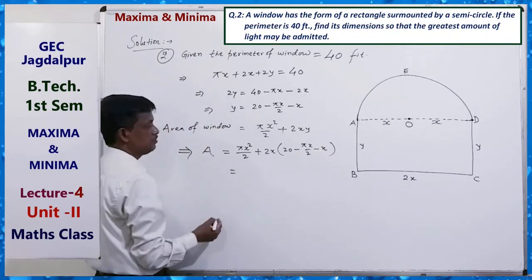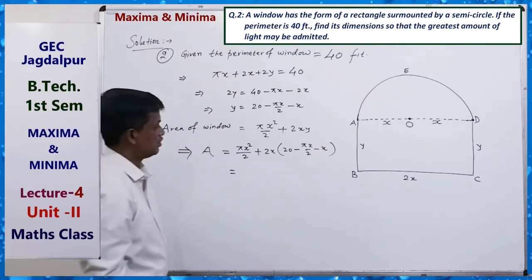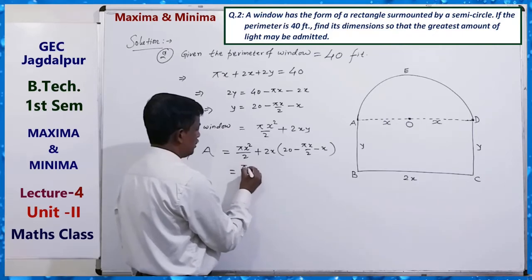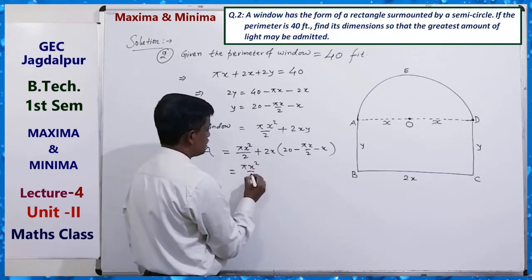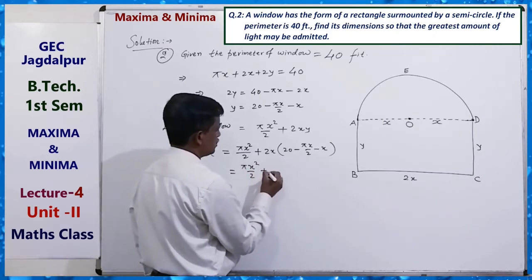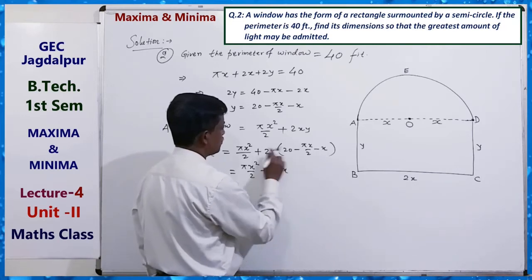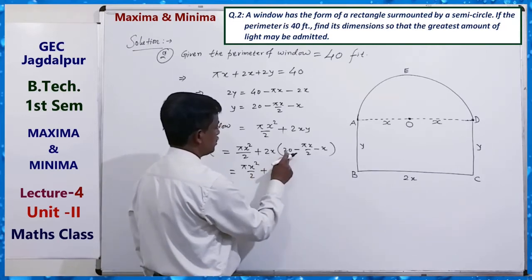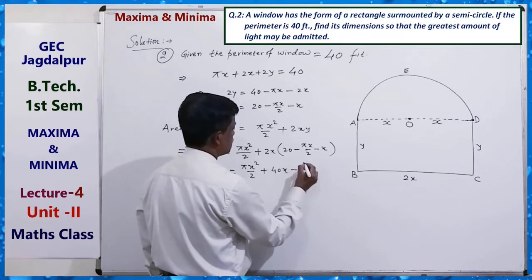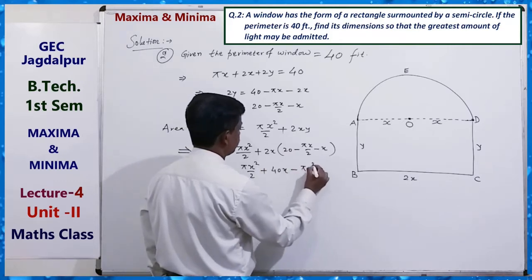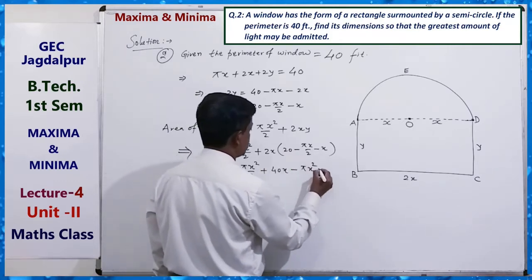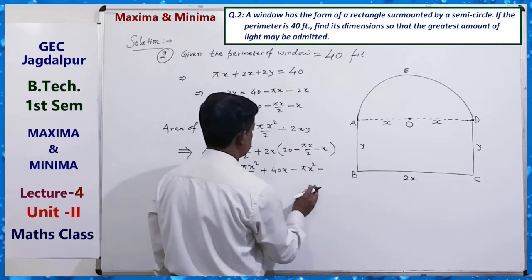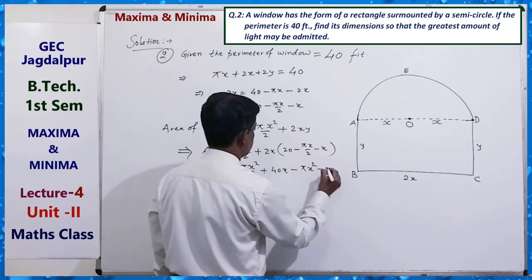So this equals pi x square by 2 plus 40x, multiplying 2 into 20, minus pi x square, the 2 cancels, minus 2x square.